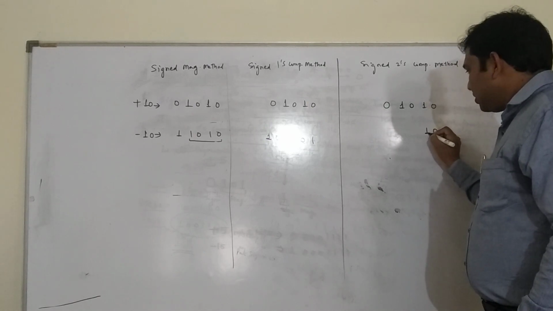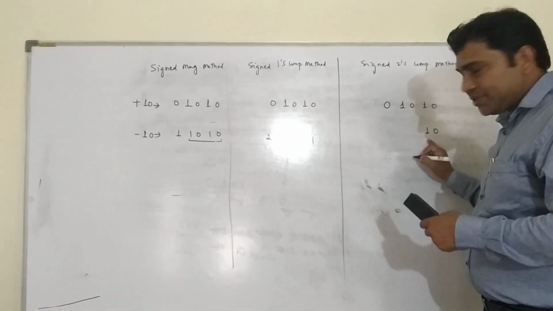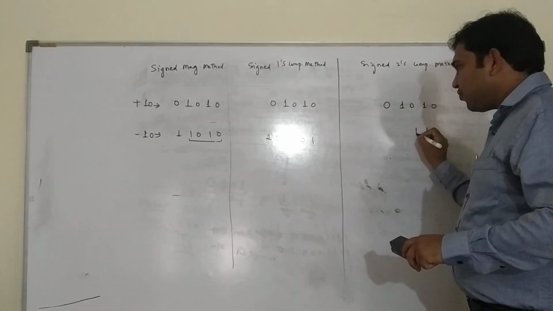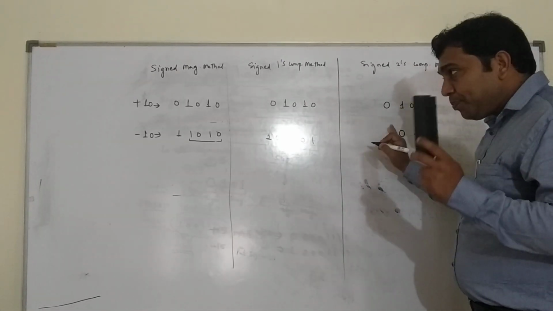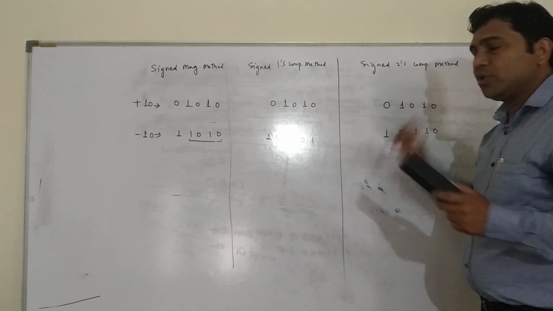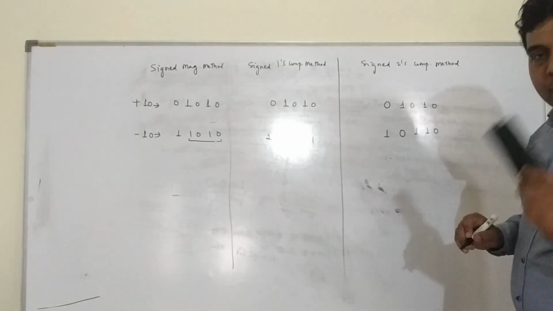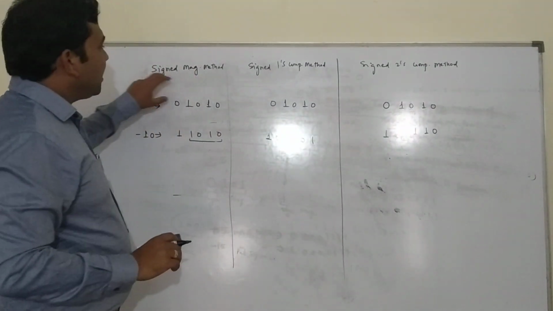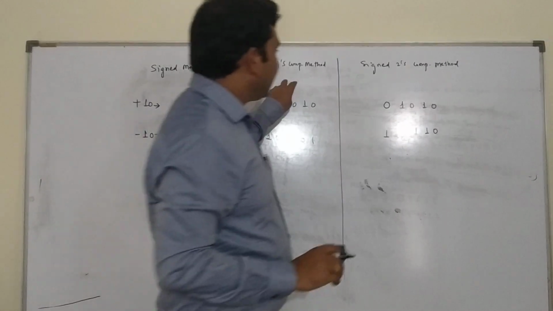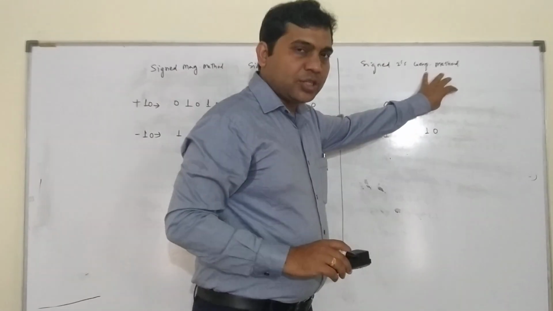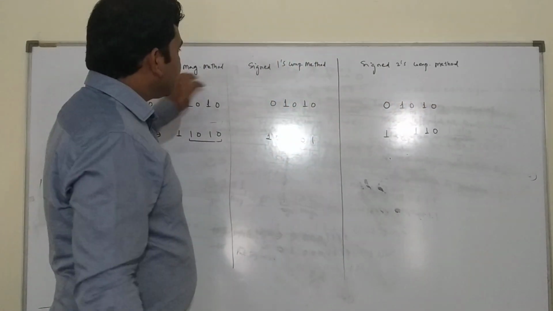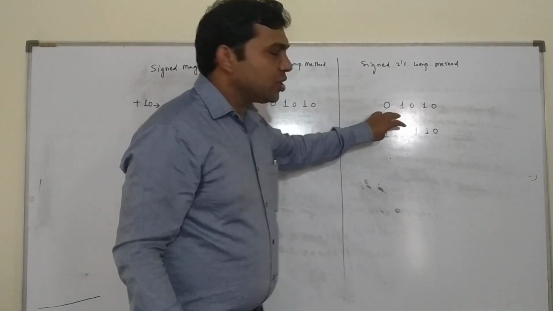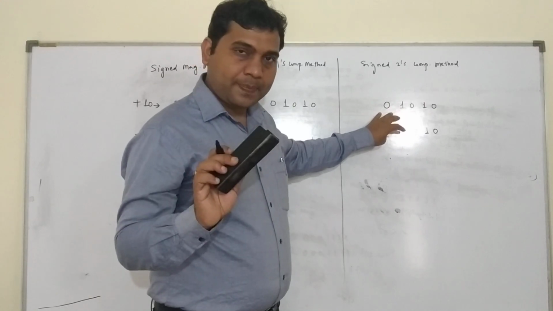The next bit is 1, so take it as it is. Now, since we have encountered the first 1, invert all the rest of the digits, 1 and 0, and put the 1 for minus representation. So this is how you can write any number in sign magnitude, sign 1's complement, and sign 2's complement method. There are 3 ways to represent negative numbers, but in all the representations the positive numbers are the same.